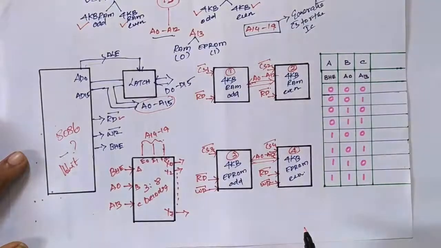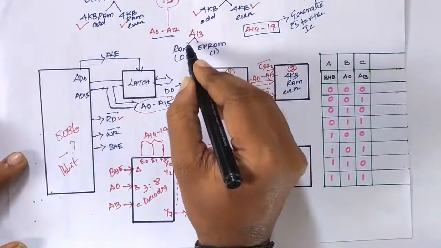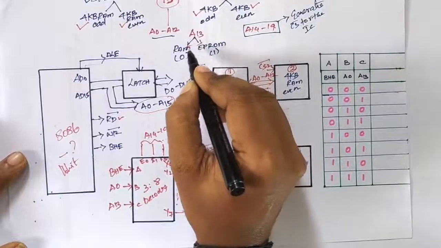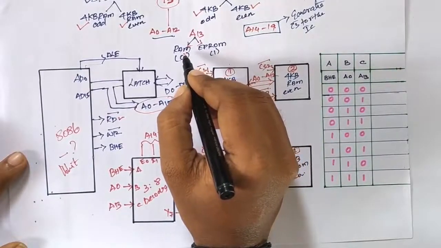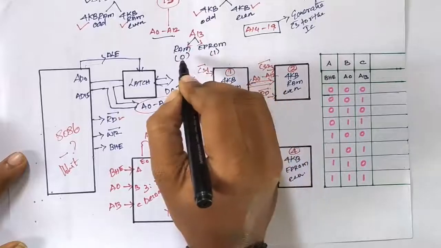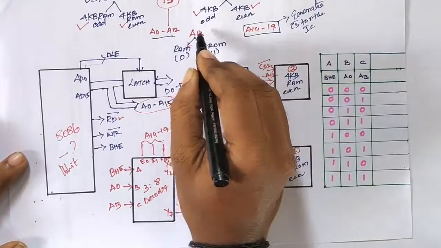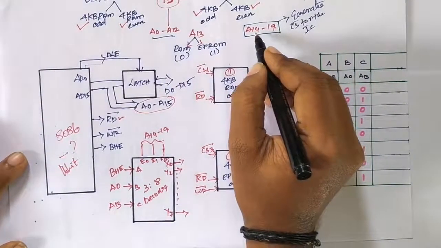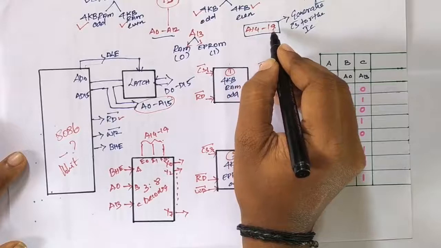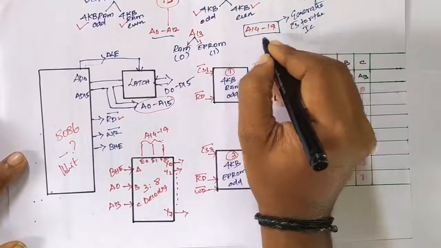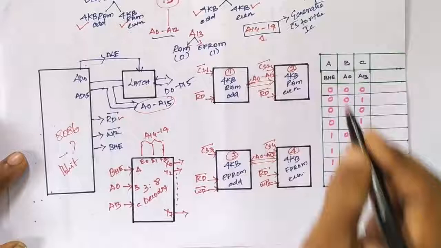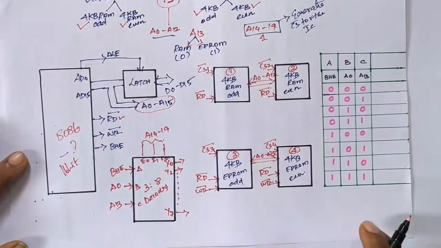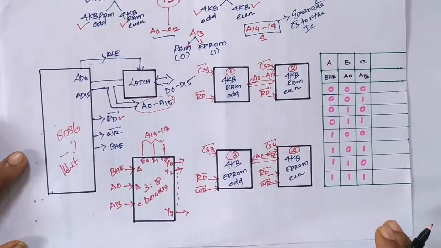Apart from that, we have the A13 line. This line is used to select whether I need to access data from RAM memory or EEPROM memory, by passing zeros and ones on A13, so we need to consider this on the decoder side. Apart from A13, we have the remaining lines A14 to A19, which are already filled with only ones. So you need to refer to the address mapping diagram to see how the zeros and ones are placed in A13 and A14 to A19 lines.